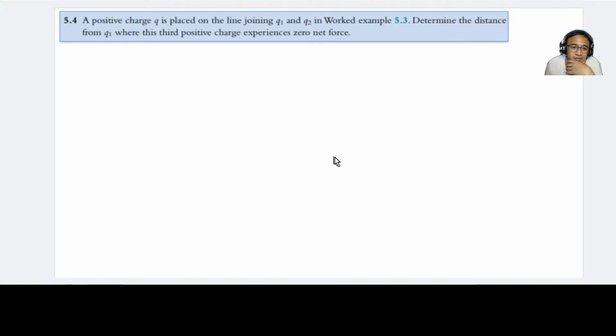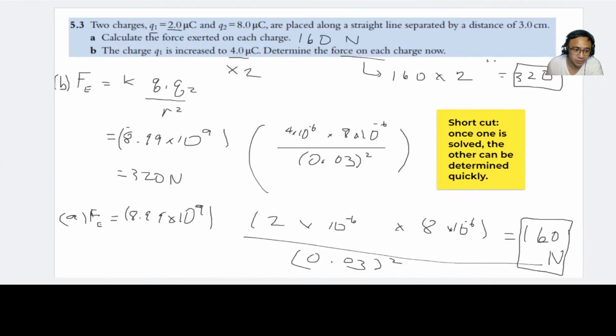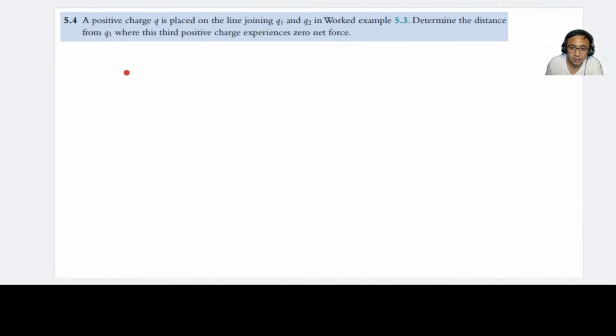You have a positive charge Q placed on the line joining two other charges Q1 and Q2. So basically, it's still the same charges Q1 and Q2 as in the previous example. Determine the distance from Q1 where this third positive charge experiences zero net force.